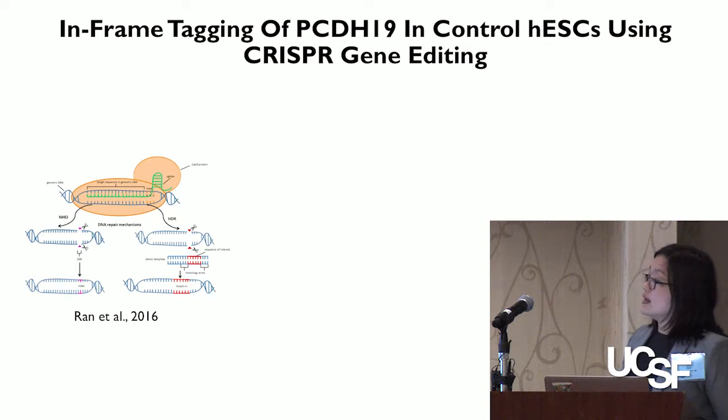Again, going back to this Cas9 system. One part of the Cas9 system is introducing indels. You're cutting the genome and then introducing unwanted indels, therefore degrading the mRNA and the protein.